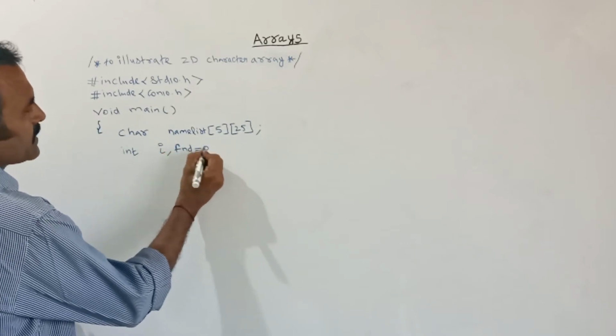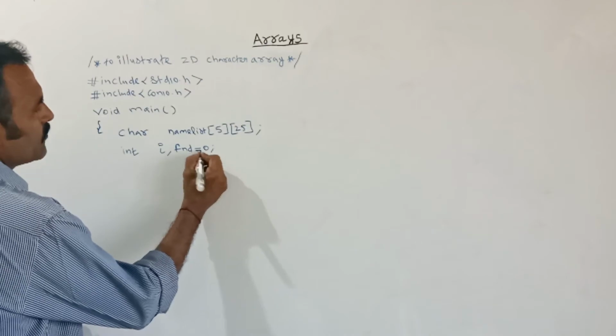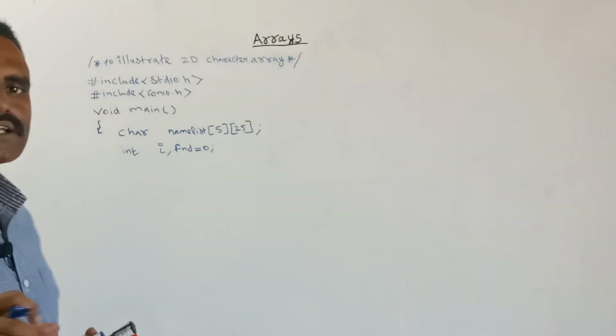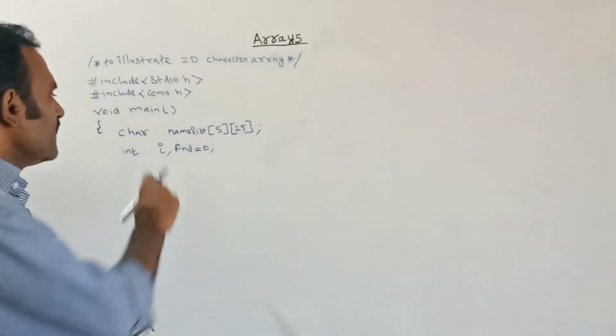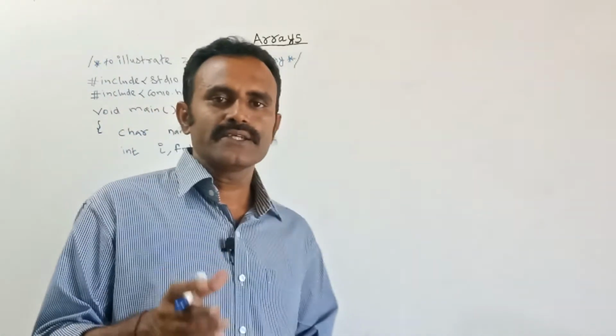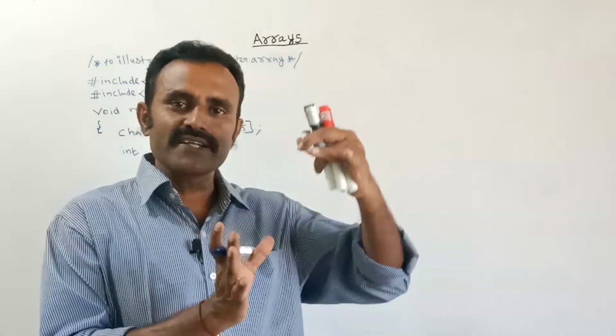Here I am initializing this value to 0, because if a given name is inside the list, then this found value should be incremented. See, we are going to search how many times the given name is inside the list.